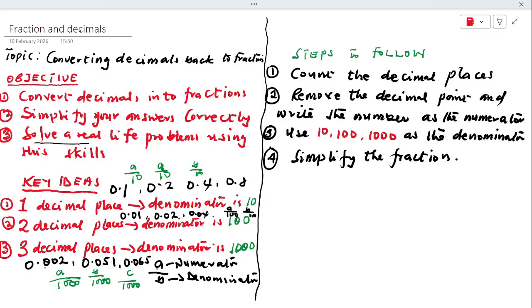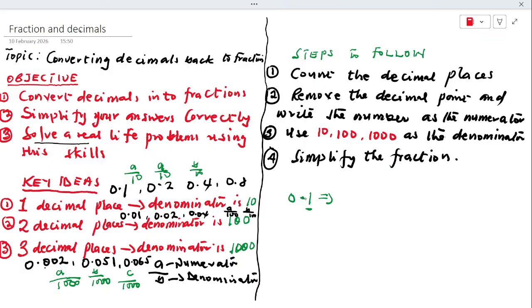Okay. So equally, after these ideas, we have some steps to follow. Assuming you are given a decimal value, let's say 0.1. These are the steps you are to follow. First, count the decimal places. How many decimal places do we have? 1. So this is only 1 decimal place. Now remove the decimal point and write the number as the numerator.